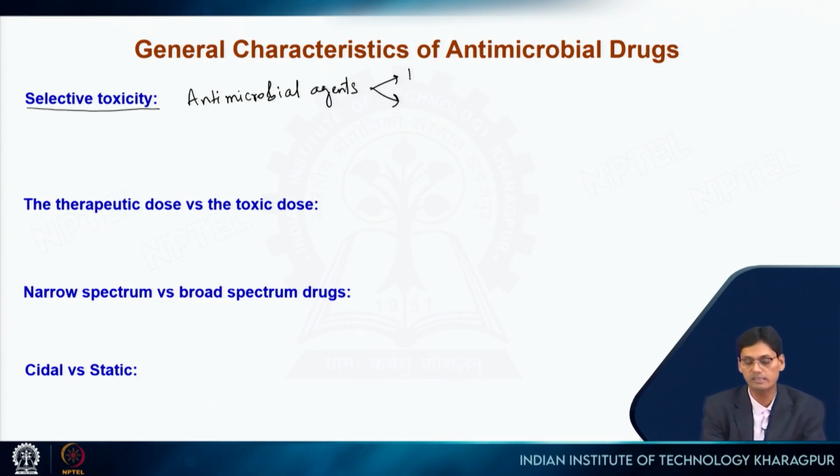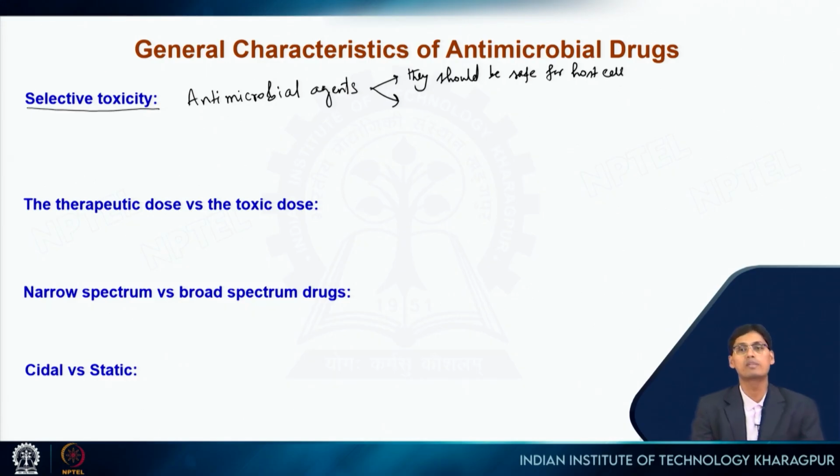Okay, so it should be safe for the host cell, or I would say host physiology, but it should specifically target microbes. So that should be a very important property of an antimicrobial drug. Then only we can utilize it.